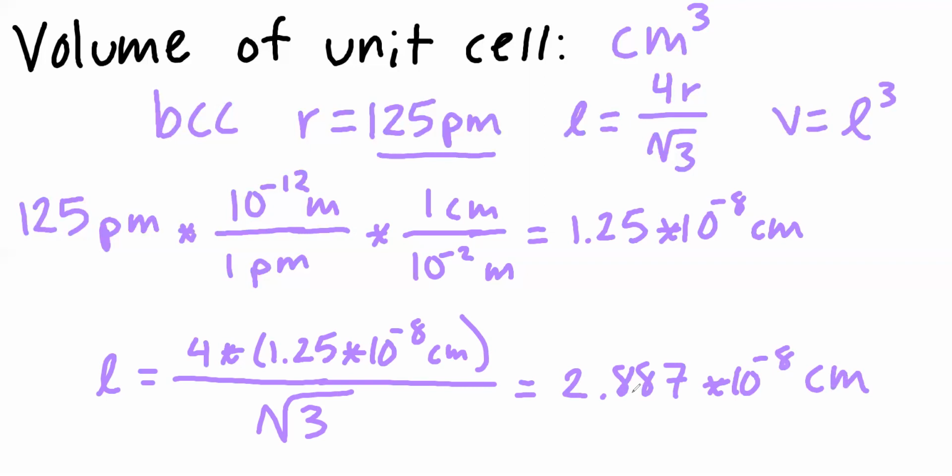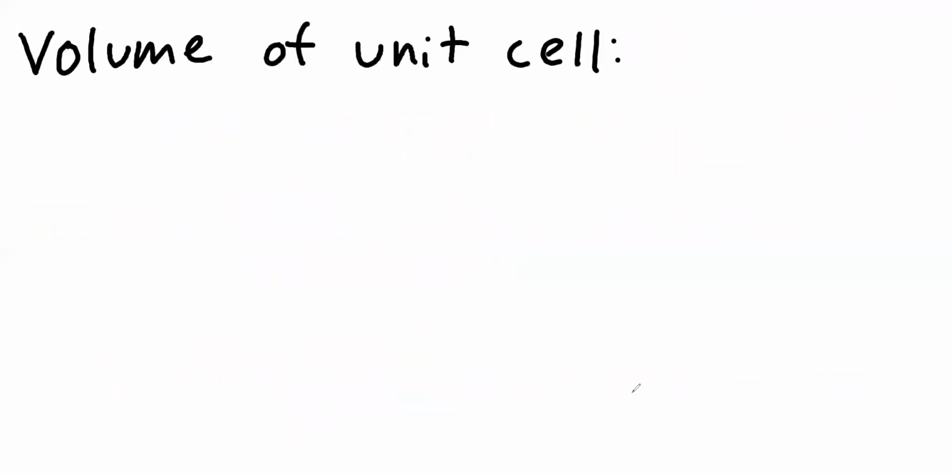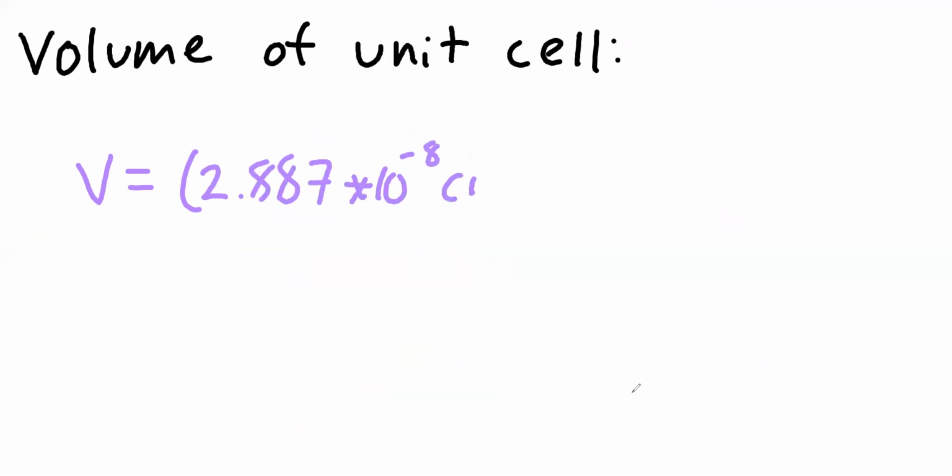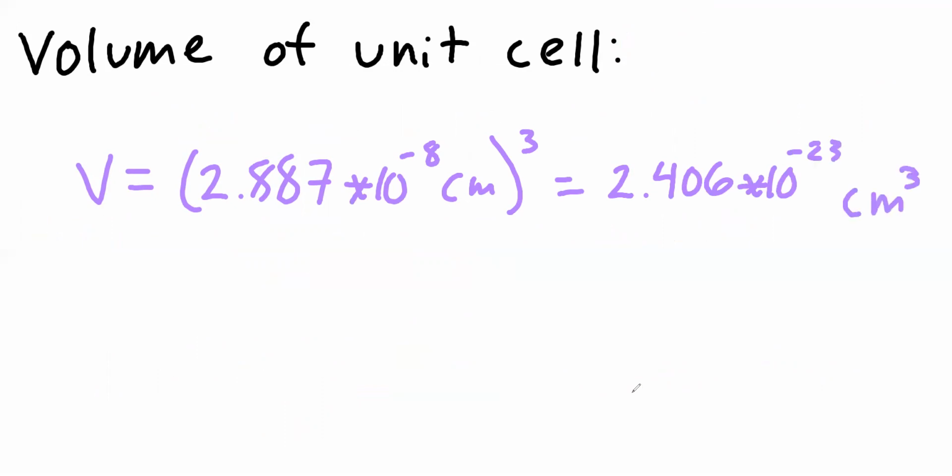And then all we need to do is cube that to find the volume of the unit cell. Which becomes 2.406 times 10 to the negative 23rd. And now that's cubic centimeters. So that is the volume of our unit cell.